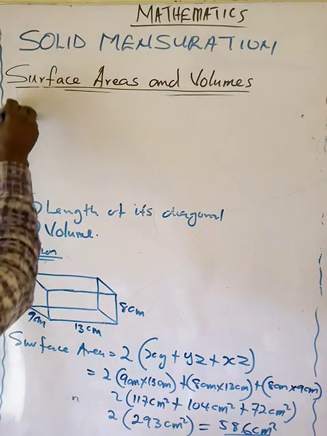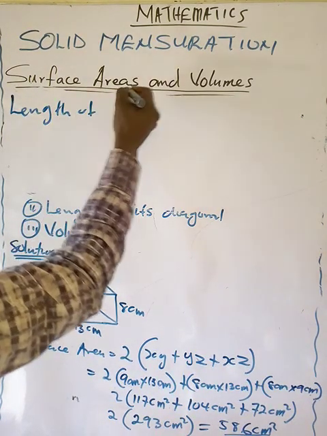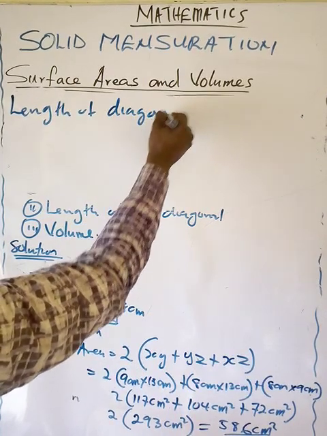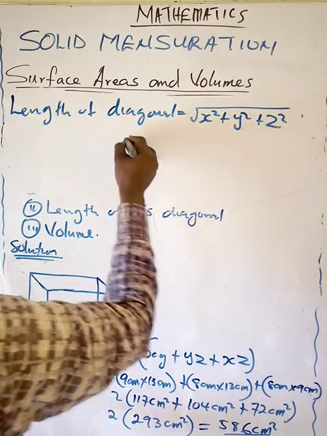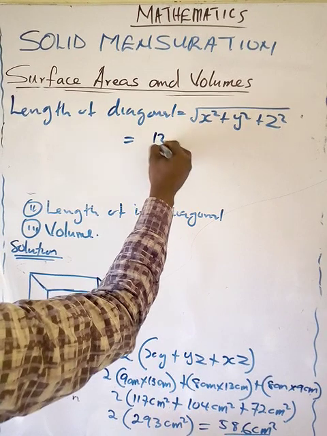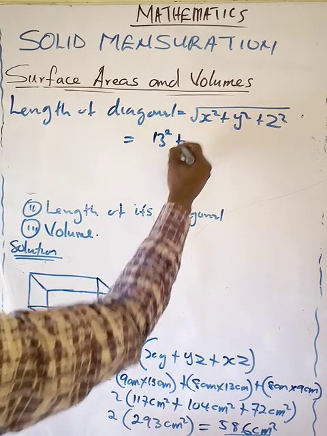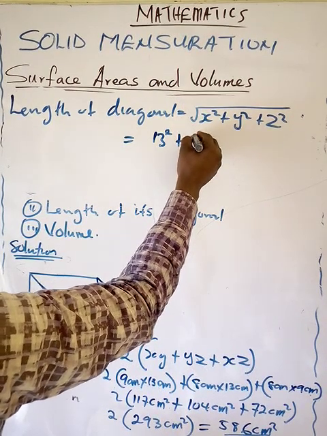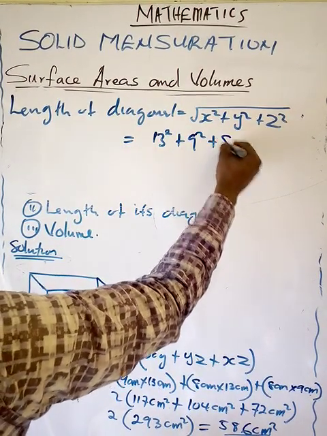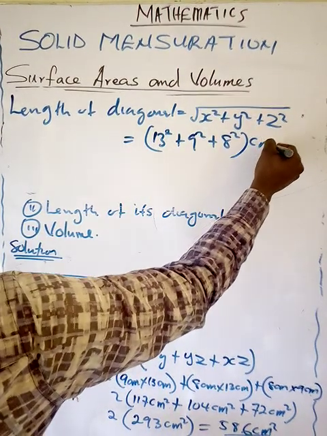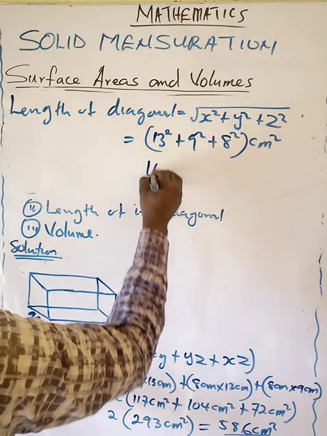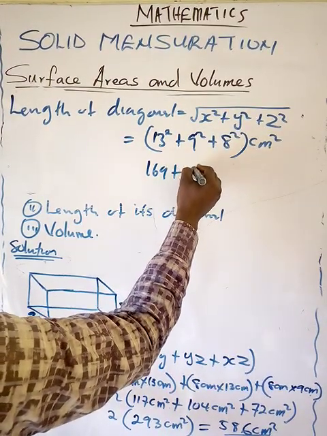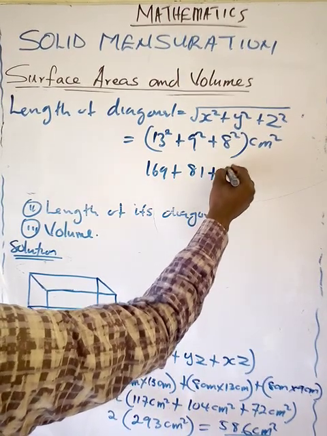So we want to calculate the length of the diagonal. We have the square root of x squared plus y squared plus z squared, which is equal to our x is 13 squared plus 9 squared plus 8 squared, all centimeter squared. 13 squared will give us 169, 9 squared will give us 81, 8 squared will give us 64.